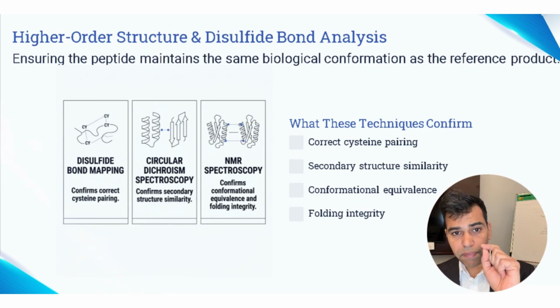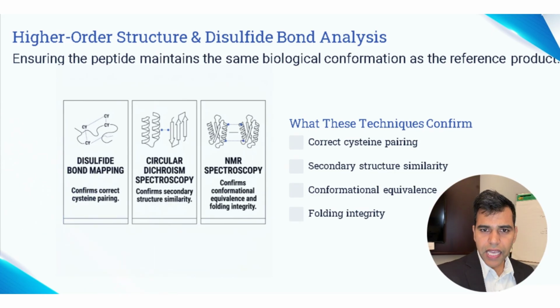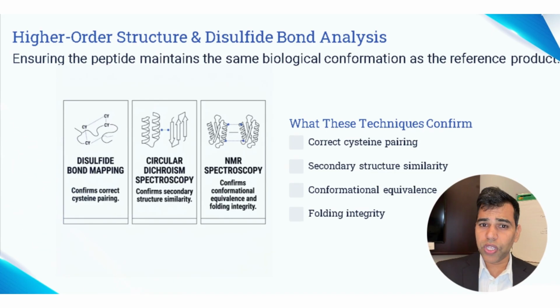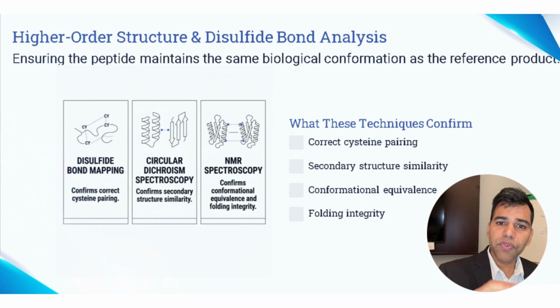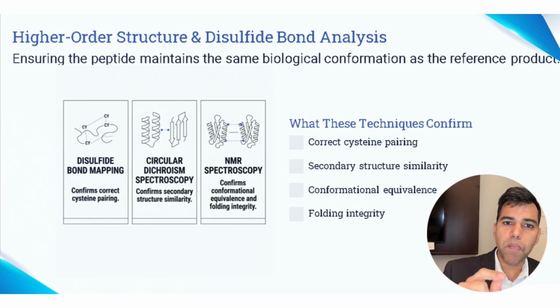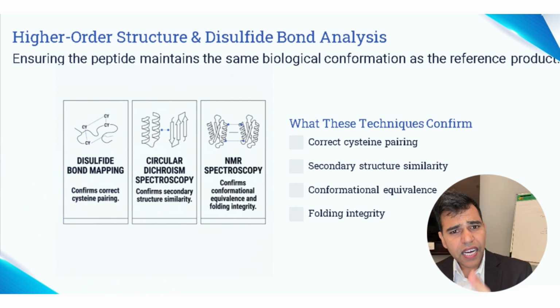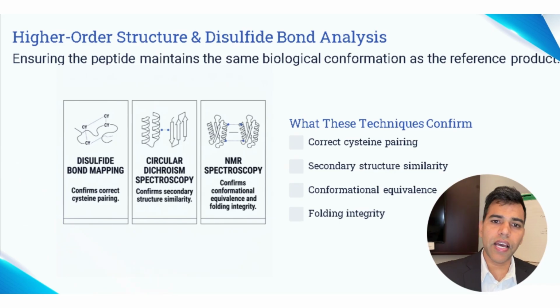we see in practice. For disulfide bond mapping, we are looking at partial reduction strategies paired with mass spectrometry, identifying exactly which cysteine pairs with which and confirming that your generic matches the reference product's connectivity. Secondary structure analysis using techniques like circular dichroism adds another dimension.